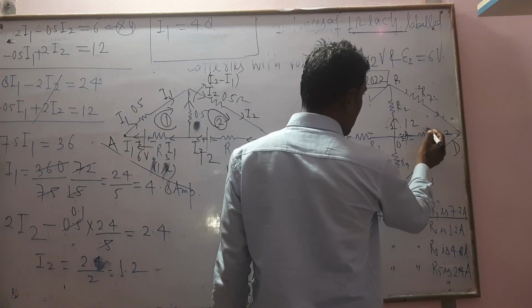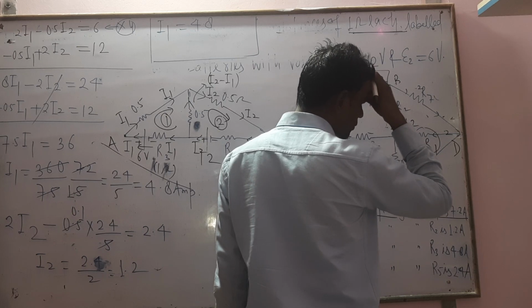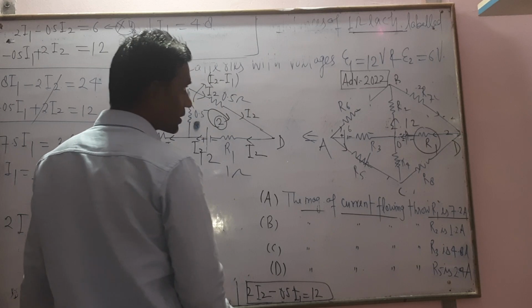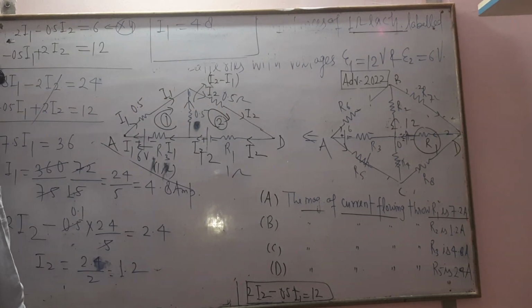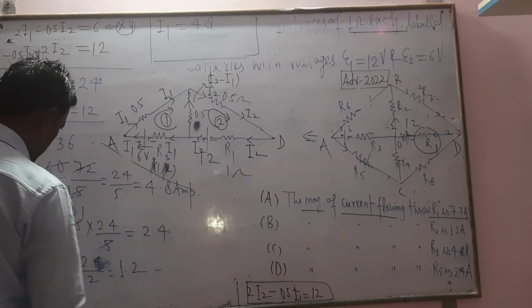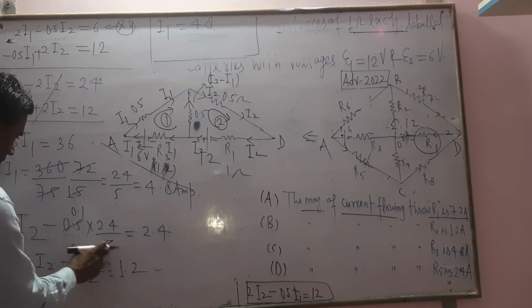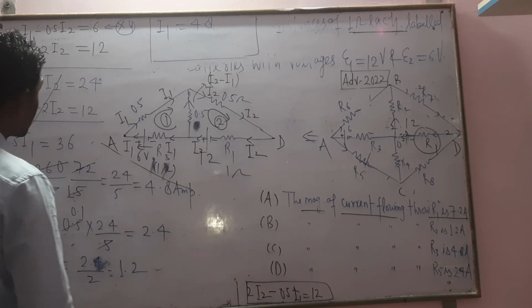In place of the R1 resistance, the value will be 7.2. Then this will be the added value.